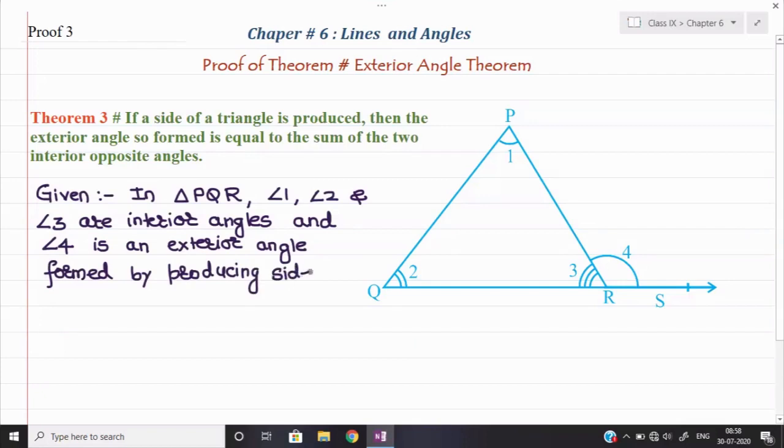If we produce side QR, then on that side one angle will be formed, angle number 4, which is called the exterior angle.